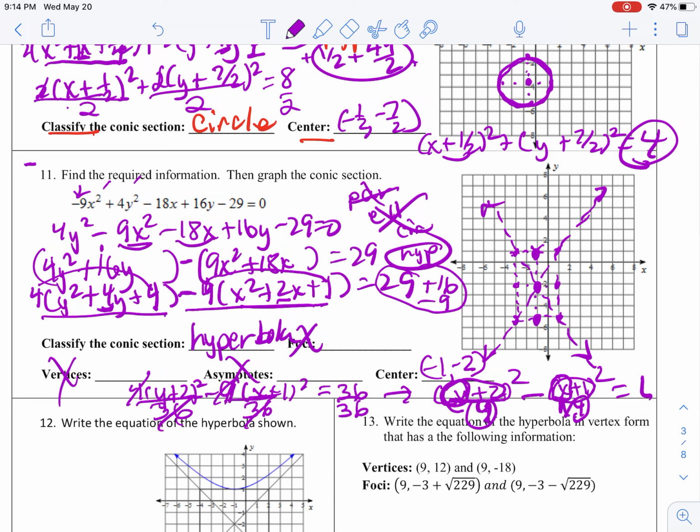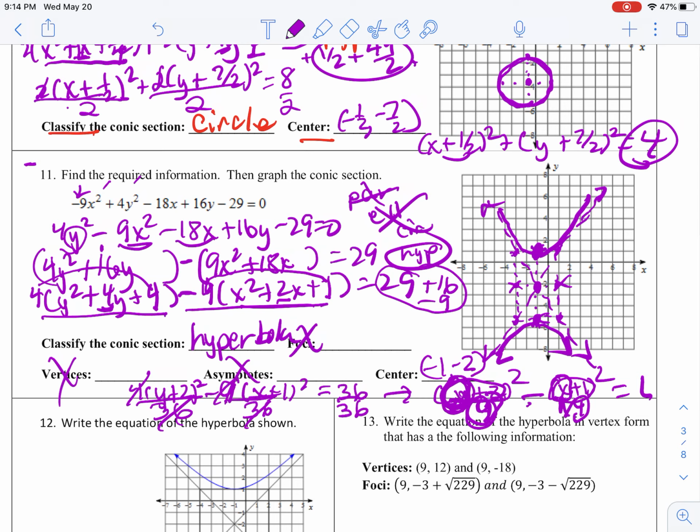And then I've got to decide, am I going to do it from these or from these? How you decide is what comes first is a y. Can't read it much anymore, but y was first. So I go up these spaces that I went up 3, right on this vertex, and follow my asymptotes off. And that's my hyperbola.